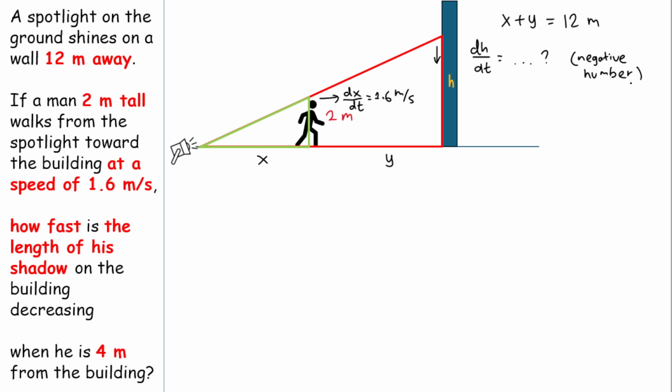Okay, now let's see what we can do from here. We have this green triangle and also the red triangle, and they are similar triangles, right? It's just that the green one, when resized, we can get the red triangle. So we can use the principles of similar triangles.